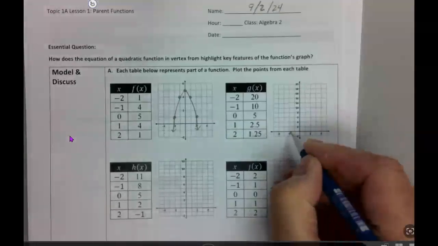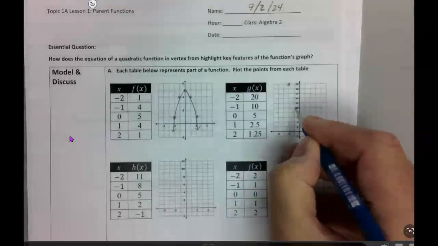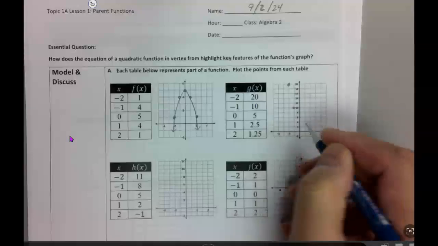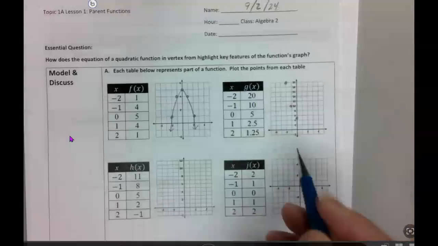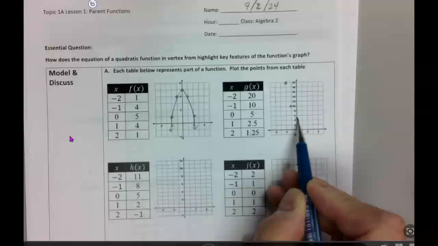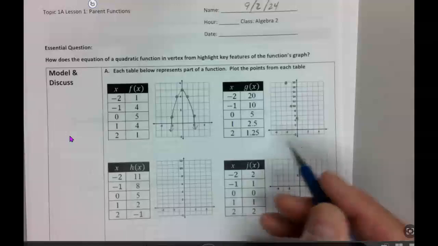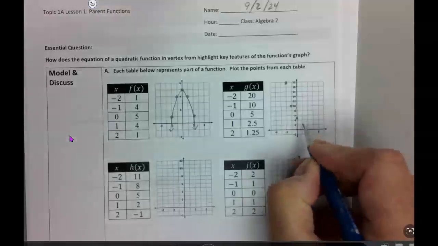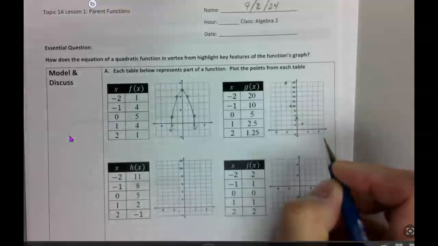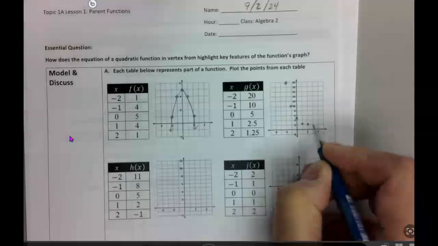-2, 20, -1, 10, 0, 5. Does anybody know what this point is here that's intersecting the y-axis? It's called the y-intercept, isn't it? So anytime the graph intersects the y-axis, it's the y-intercept. That's where x is 0. Then 1, 2.5, and then 2, 1.25. Okay?